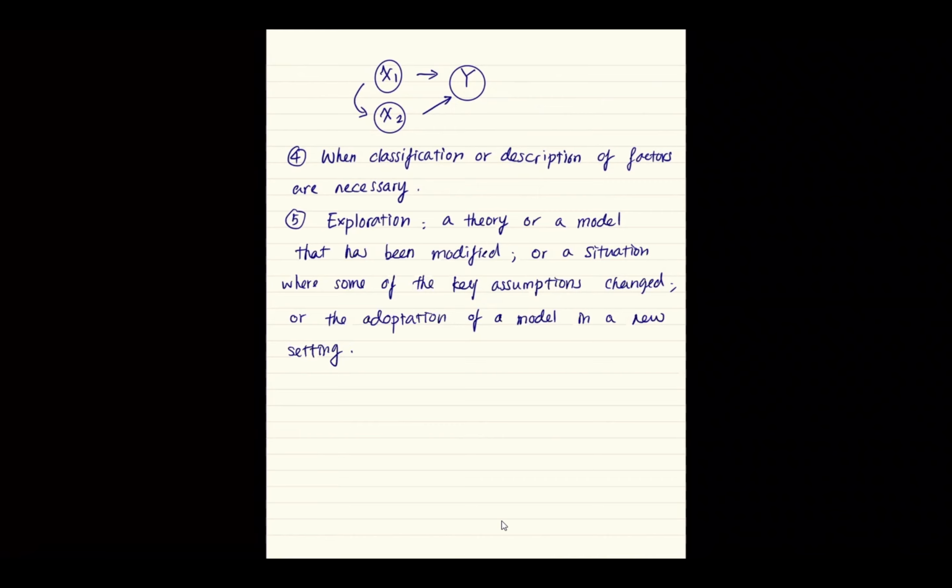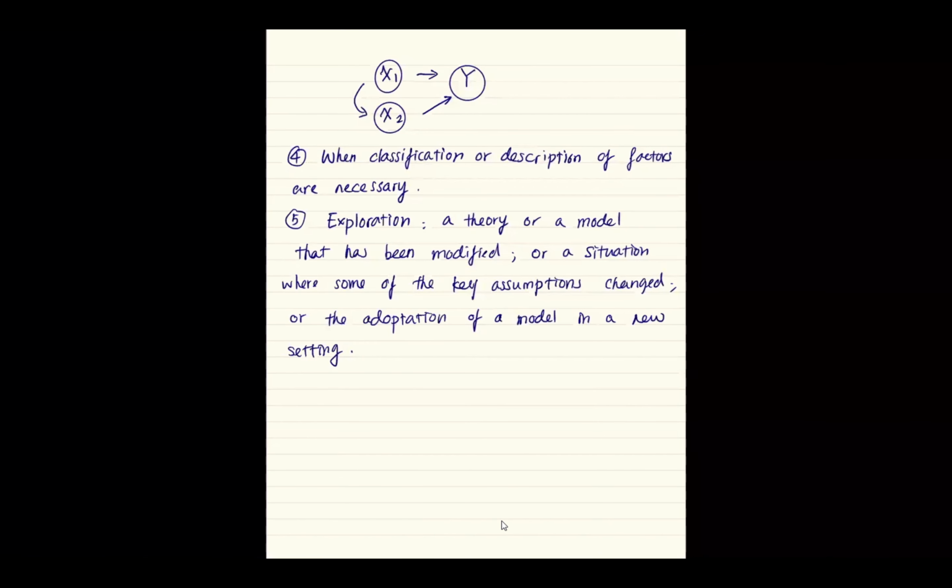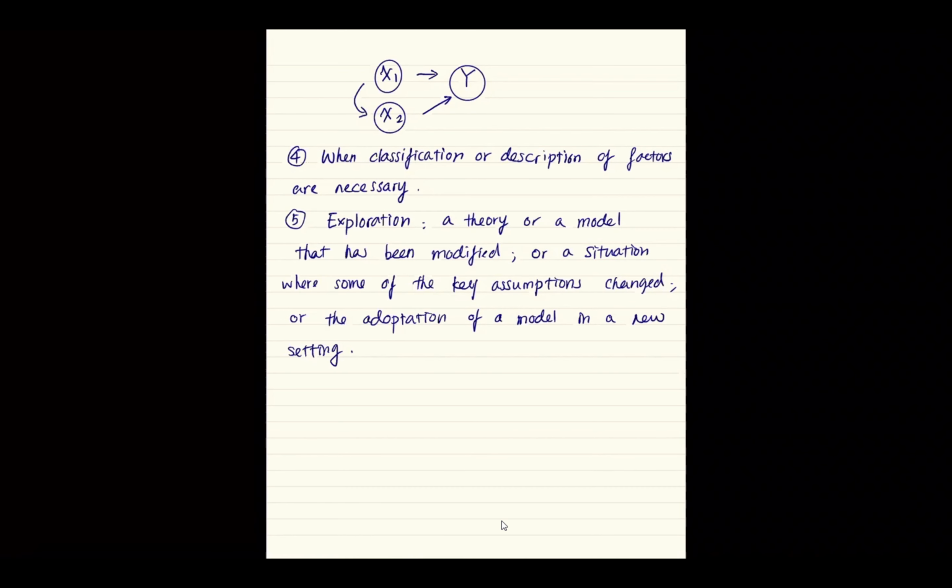Or the situation when some of the assumptions or some of the situation change. Just now, we used the example of people who study the conflict between the USSR, the Soviet Union, and the United States during the Cold War. So they developed a group of theories or models. Can we adopt those on the situation between China and the United States?